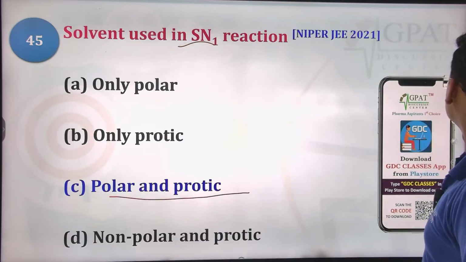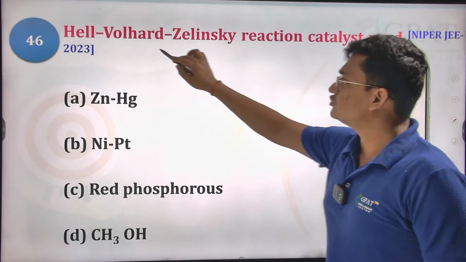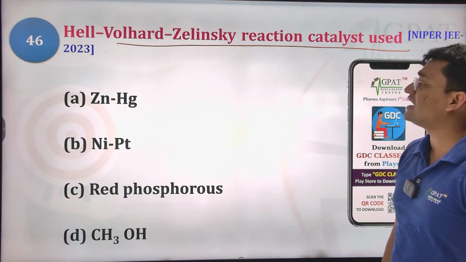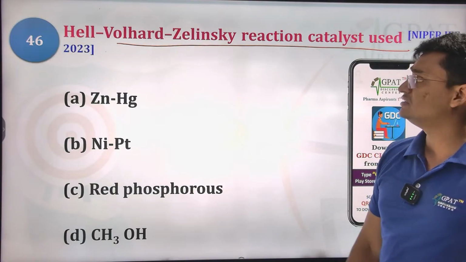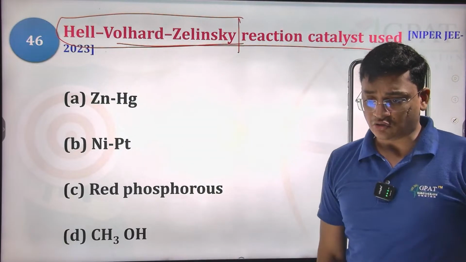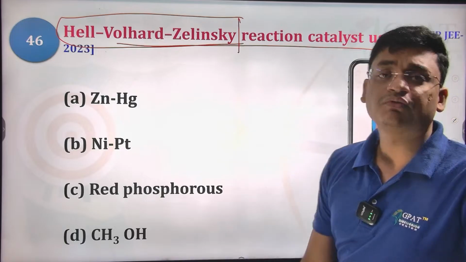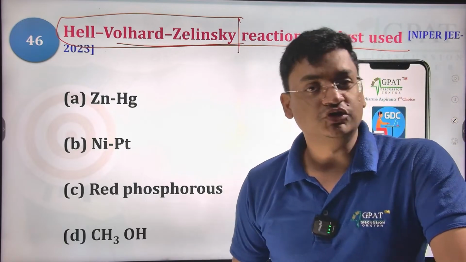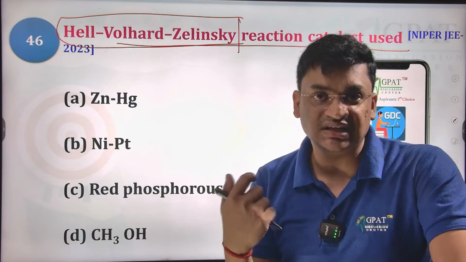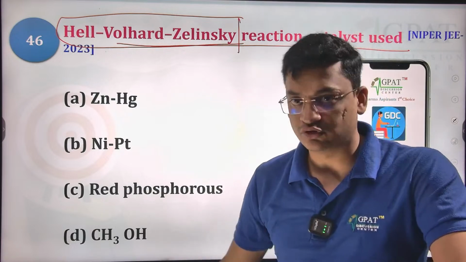Next question, we are having a reaction catalyzed by a catalyst. What is the catalyst that is used for the HVZ reaction? The question from the OGS 2023 examination. HVZ reaction, that is alpha halogenation of carboxylic acid.